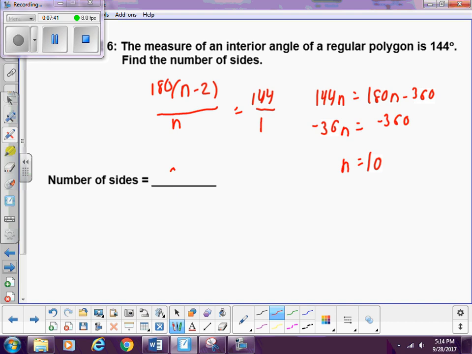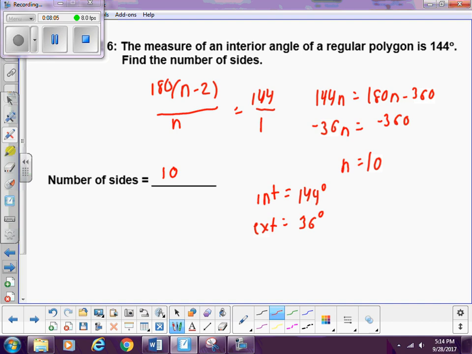The answer is 10. Okay, there is an easier way to do it. I'm going to show you that I think will save you some time. If you know the interior angle is 144 degrees, and it's regular, all the interior angles are 144. So if you were to find the exterior angle, remember they form a linear pair, they're supplementary. So 180 minus 144, all the exterior angles are 36 degrees.